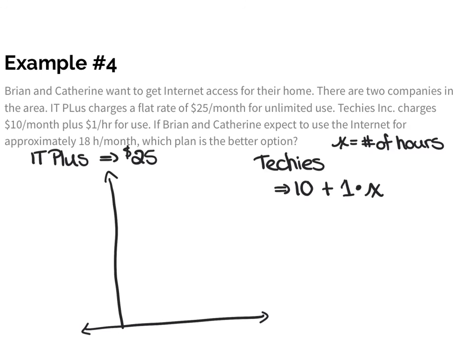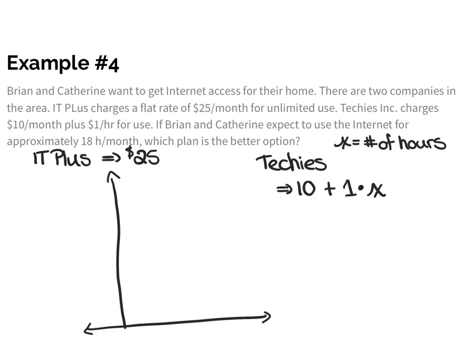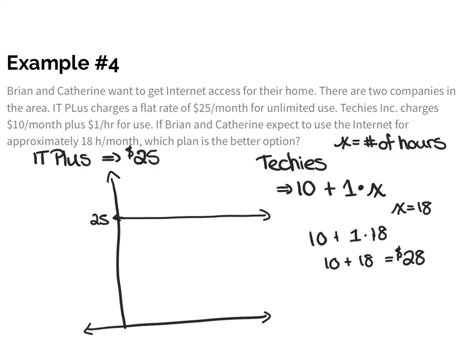Techies, if we put 18 in there for X, we'll have $10 plus 1 times 18. It's 10 plus 18, which is $28, which is technically more than IT Plus. But IT Plus is here at 25, and it's always 25. So there's the graph of IT Plus.